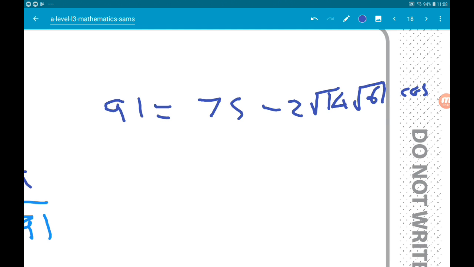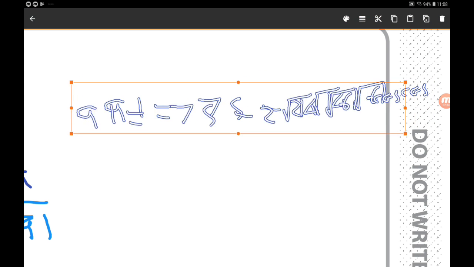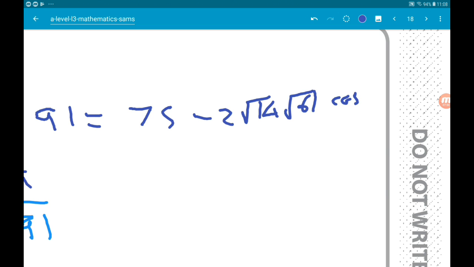Always manage to run out of room. Okay, so cos of A.